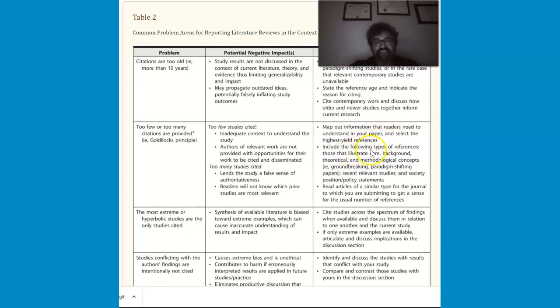And so include the following types of references: those that illustrate core background, theoretical and methodological concepts, groundbreaking, paradigm shifting papers, recent relevant studies, society position and policy statements. Then include these. Read articles of a similar type for the journal to which you are submitting to get a sense for the usual number of references.